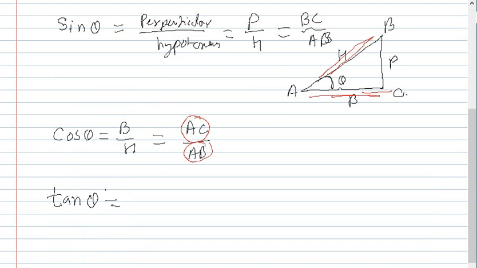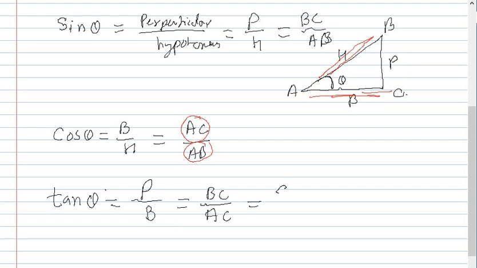Okay, now another ratio is tan theta. Tan theta is equal to P by B, which means perpendicular is BC, see this, and base is AC. So BC upon AC.